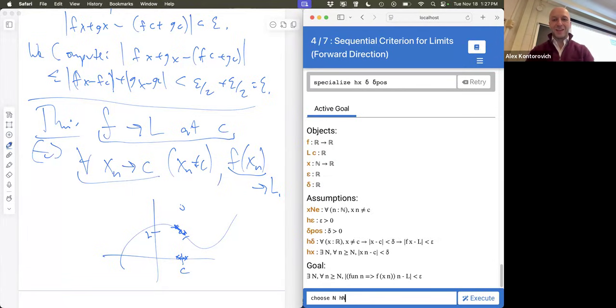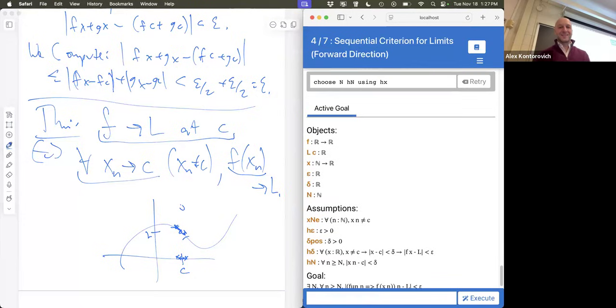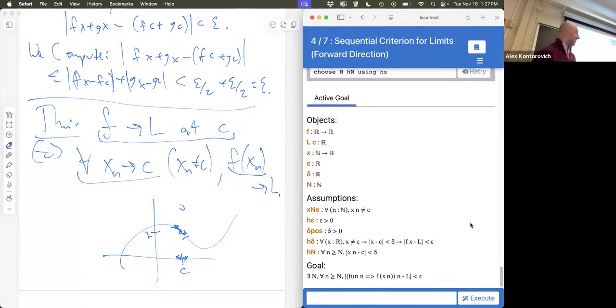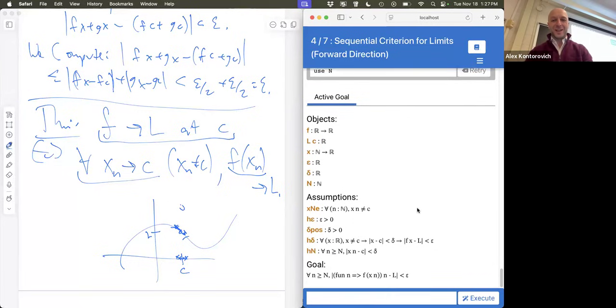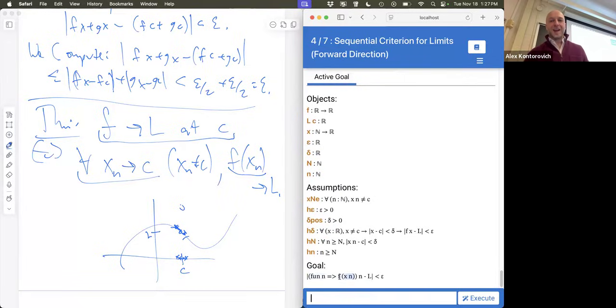Choose N, hN using HX. And which value of capital N should I use in the goal? That value. Use N. Now give me a little n, intro n hn. And now I have to prove that f of x_n minus L is less than epsilon.